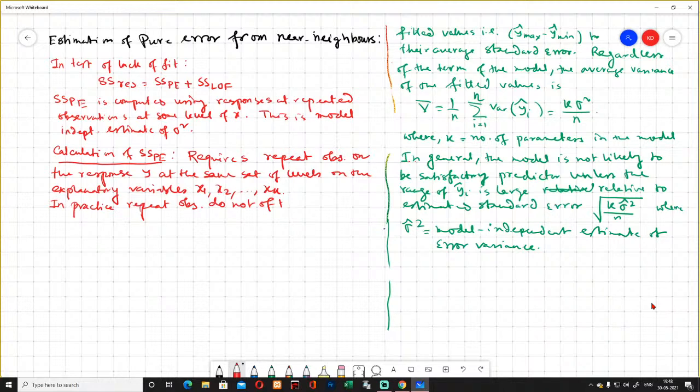So it requires repeat observations on the response y at the same set of levels on the explanatory variables x1, x2, up to xk.